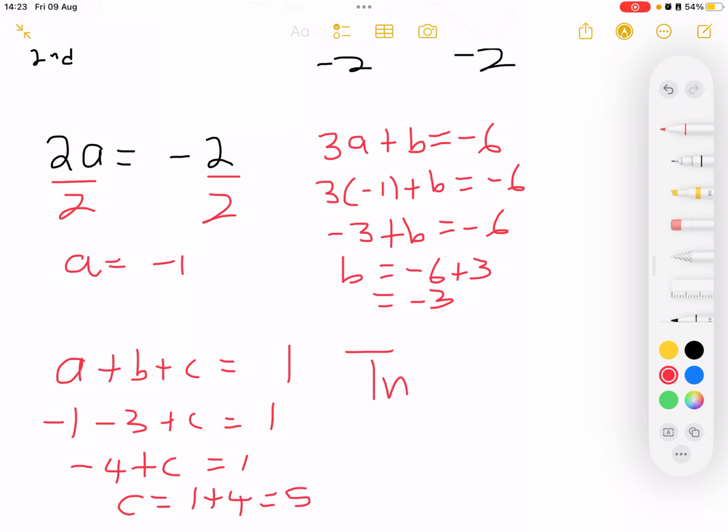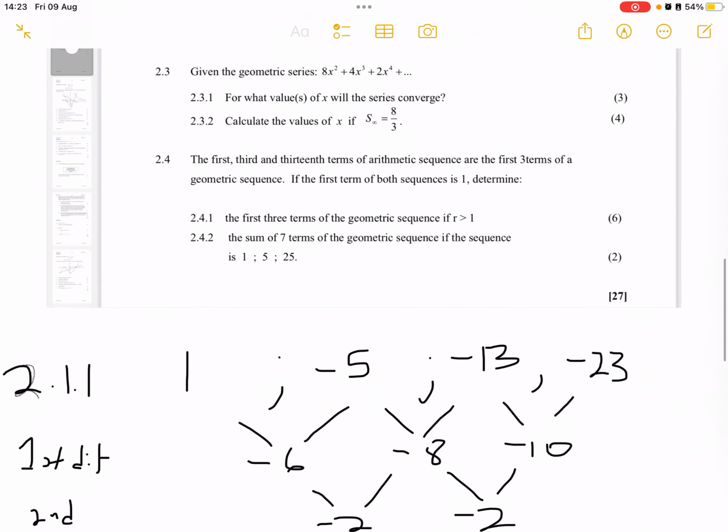Now the nth term, or the general term, is given by an squared plus bn plus c, which is quadratic for a quadratic sequence. Then we substitute every term, which is -n squared minus 3n plus 5. Then we go back to the question.